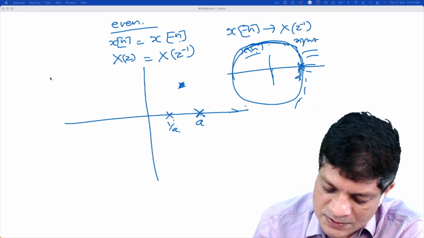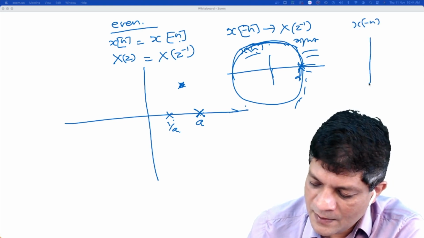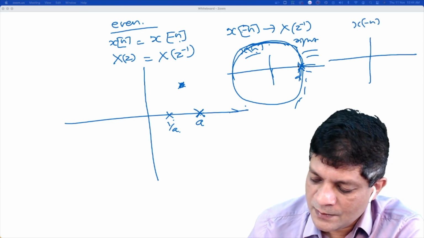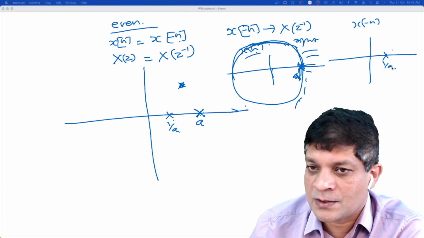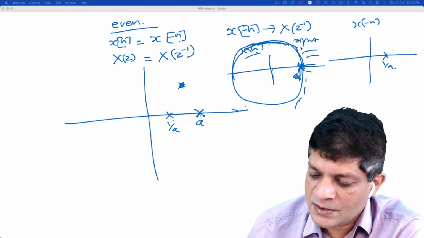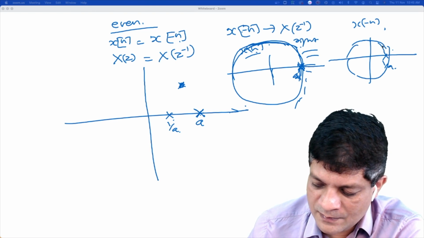Now, if we flip the signal, then x[-n], where is the pole? This pole is at A, new pole is at 1 by A. What will be the ROC? Right-sided signal, you are flipping a right-sided signal. Is it this?